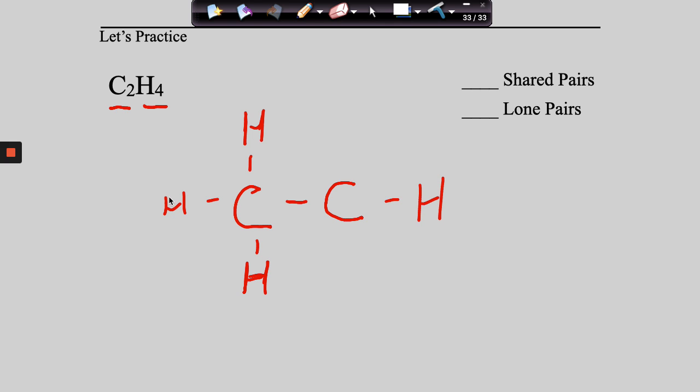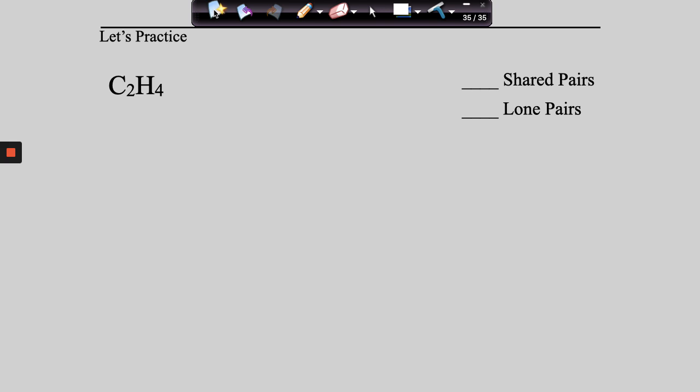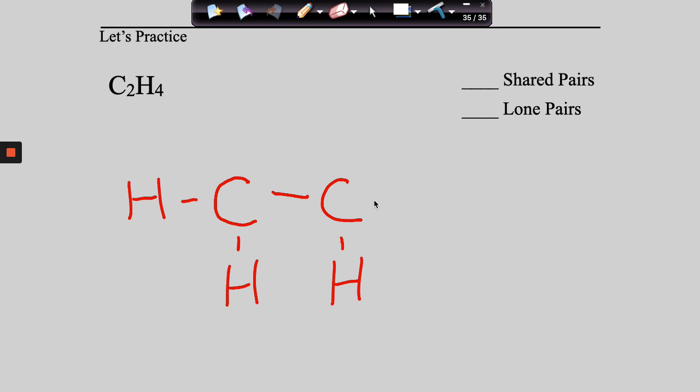We've got 3 on the left, we've got 1 on the right, and that's not what we're after. So what we need to do then is find a way to do this symmetrically. So we're going to put our carbons in the middle, and then we're going to spread our hydrogens 2 on each. Again, guys, up and down and left and right does not matter. Just get them on the paper.